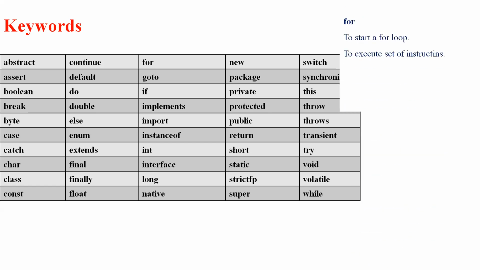So next we have for. We know that for is a looping statement. So for is used to start a for loop in order to execute a set of instructions.